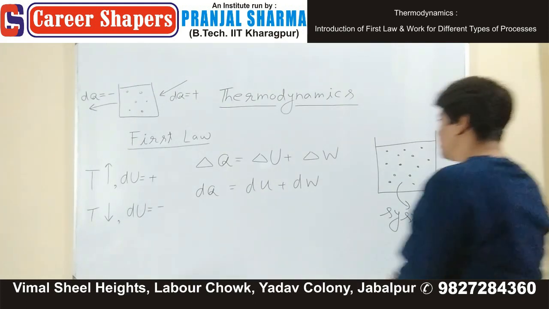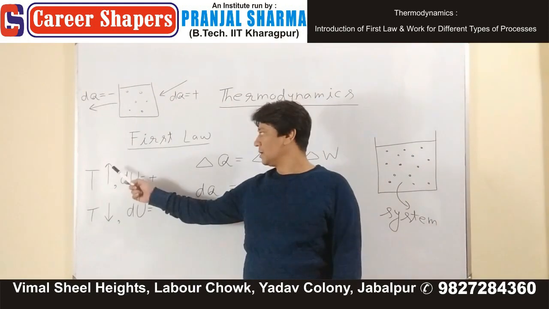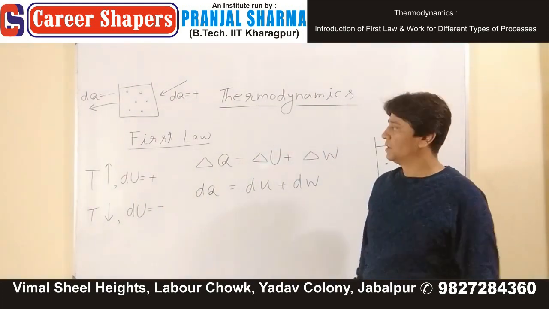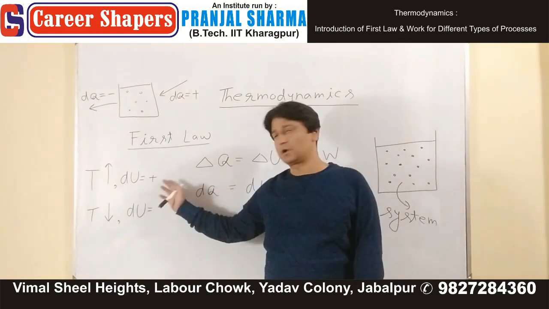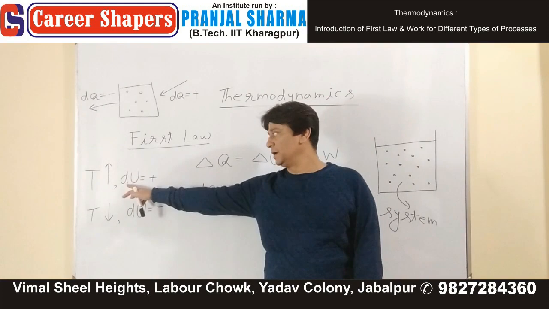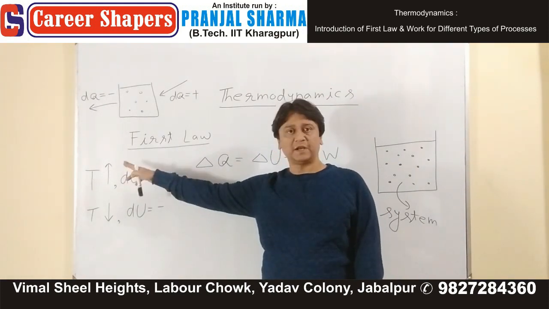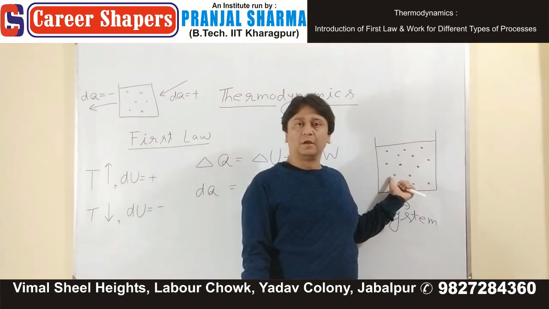So when temperature is increased, internal energy increases, and if internal energy increases, then dU will be what? Positive. d means what? Change. If you increase T, that means you are increasing kinetic energy.